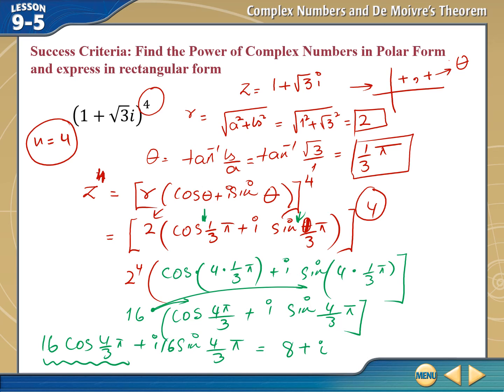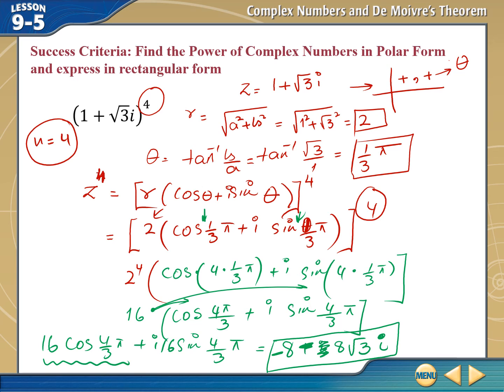The 16 cosine 4 by 3 pi gives me minus 8, and iota 16 sine 4 by 3 pi gives me minus 8 square root of 3. So don't forget to write the iota, and it is good if you write the iota after the number rather than before the number. And this is our answer in the rectangular form.